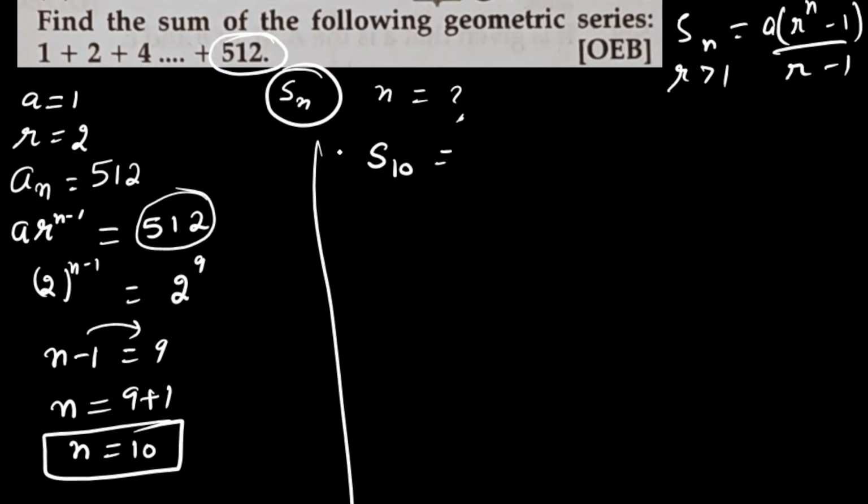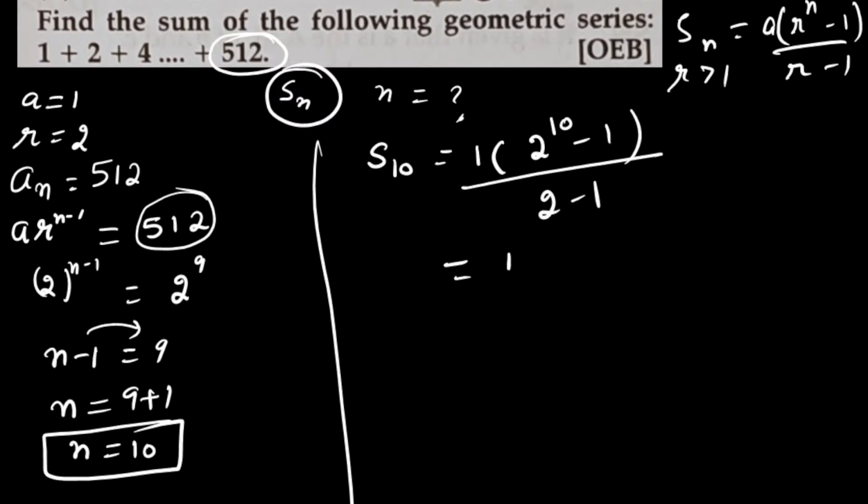A's value is 1, r's value is 2, n's value is 10, minus 1 by 2 minus 1. So 1 into anything is same, 2 to the power 10 is 1024, minus 1 by 1. So it is 1023.